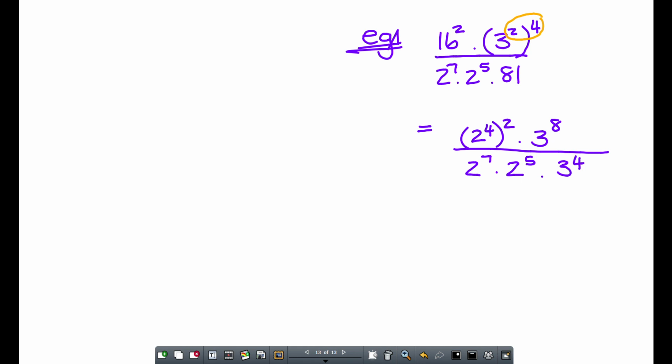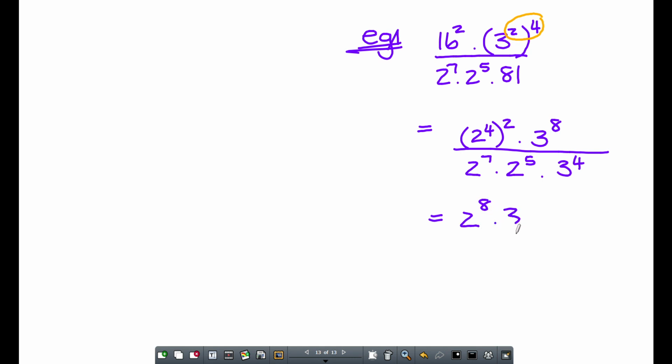Nou sal jy sien, al my basisse is in terme van 2 en 3. Nee, all of them has either got a base of 2 or a base of 3. Now you could go and simplify those bases. At the top, 2 to the power of 4 to the power of 2 will give me 2 to the power of 8.